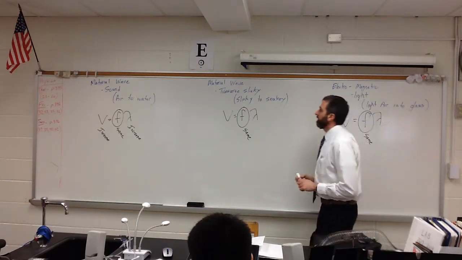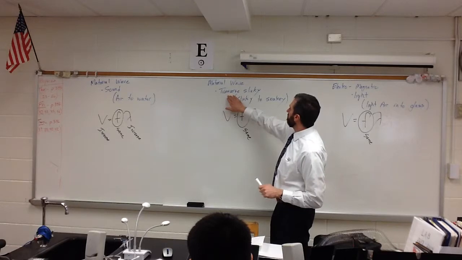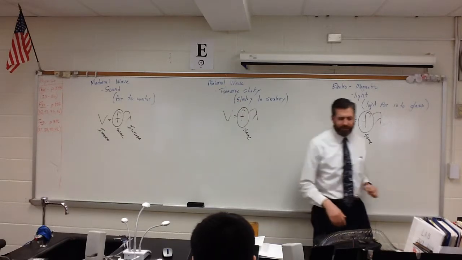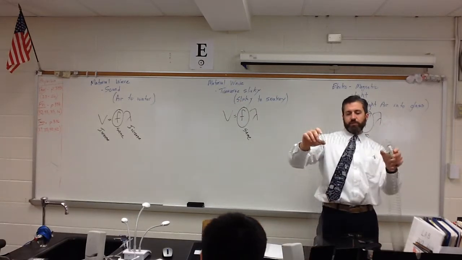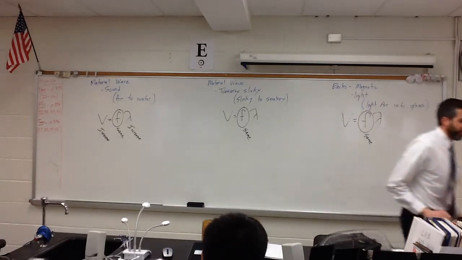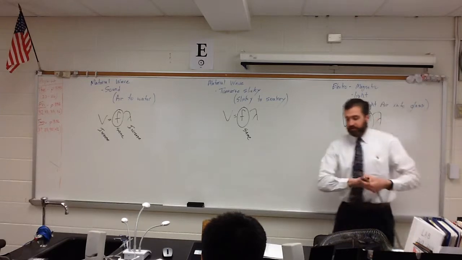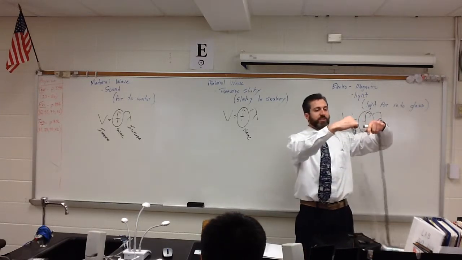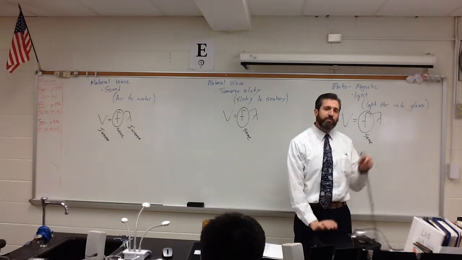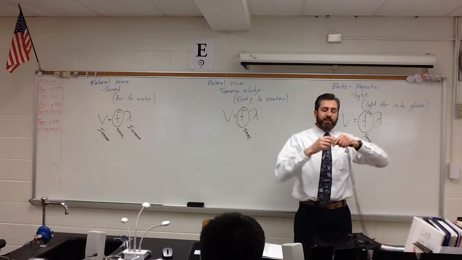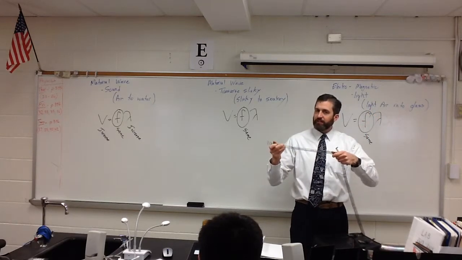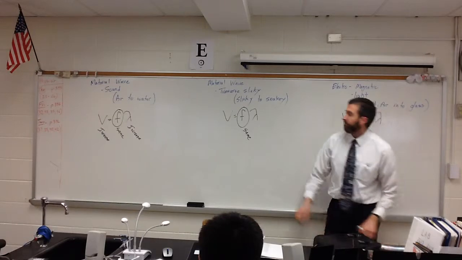Another example, material wave. If you have a transverse slinky wave, and we're going to send a transverse wave down the slinky, and we're going to attach the slinky to the snaky. When the wave reaches the snaky, which is more rigid, what's going to happen?